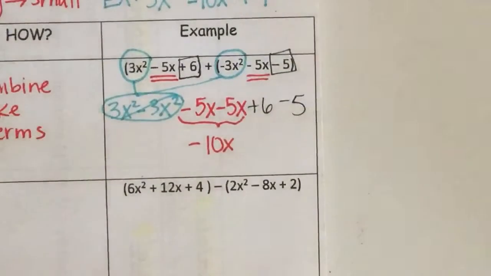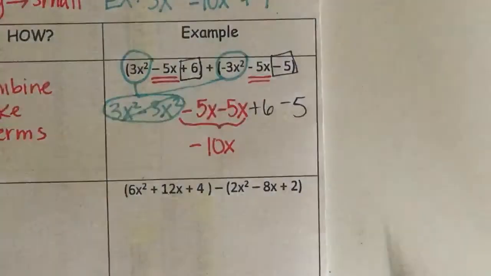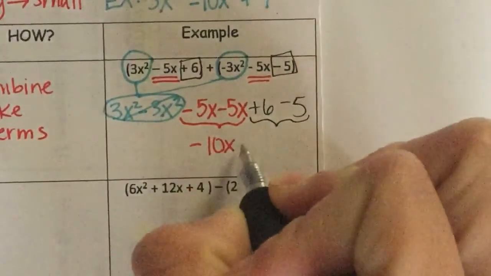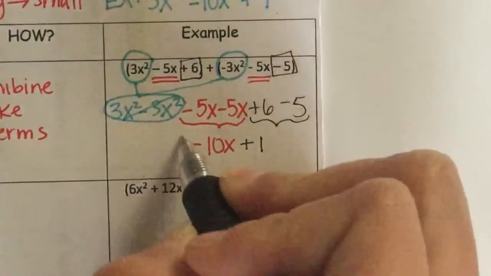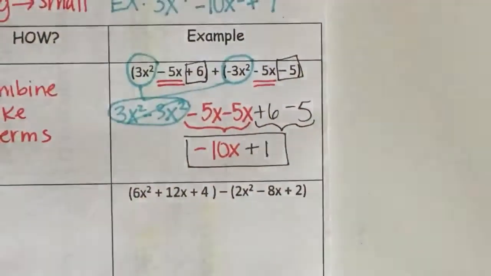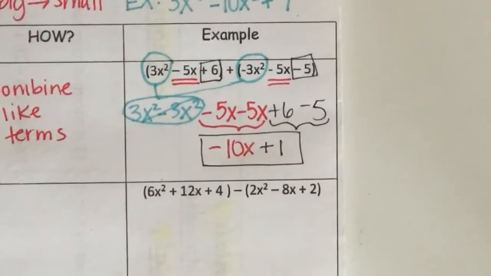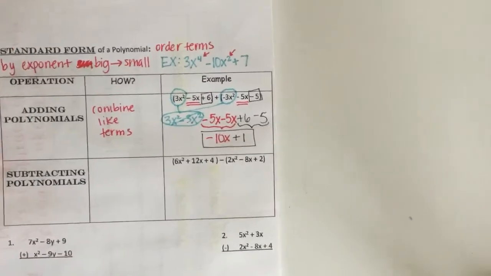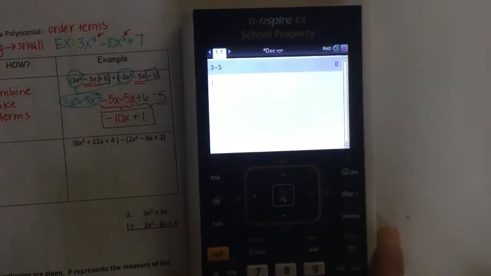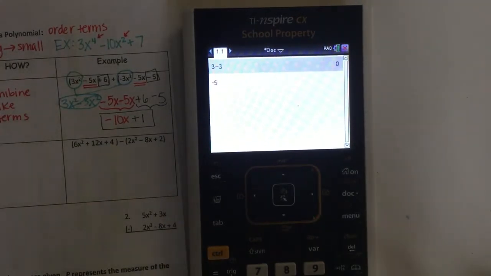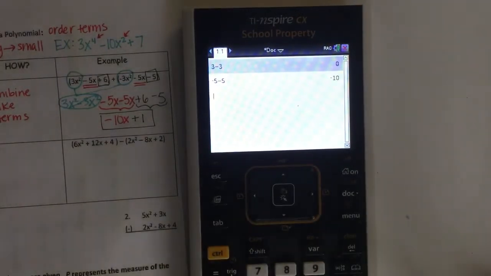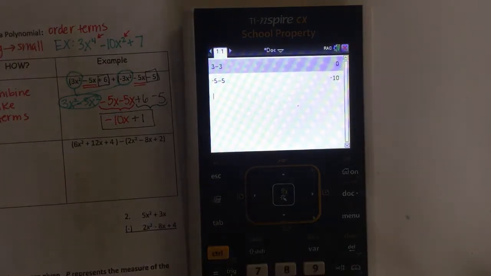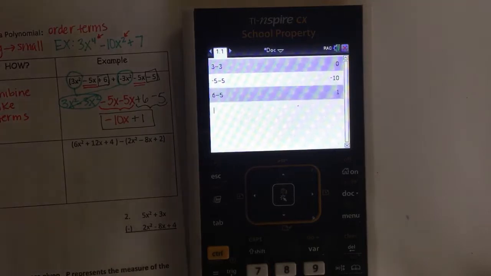Then you have a positive 6 minus 5 is a plus 1. Then you're done combining. You can use your calculator to simplify this. And again, you're simplifying negative 5 minus 5, negative 10. Then you have a plus 6, but you don't put the plus. You only put 6 minus 5 is 1, and it's positive, so you have a plus 1 in the end.